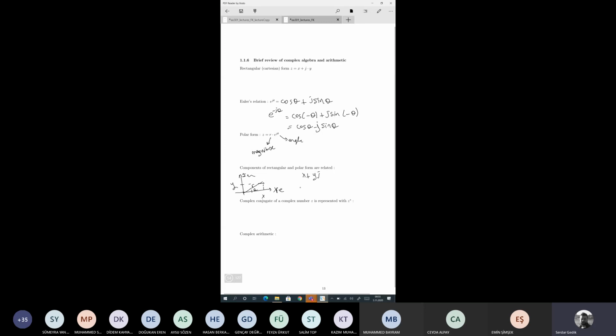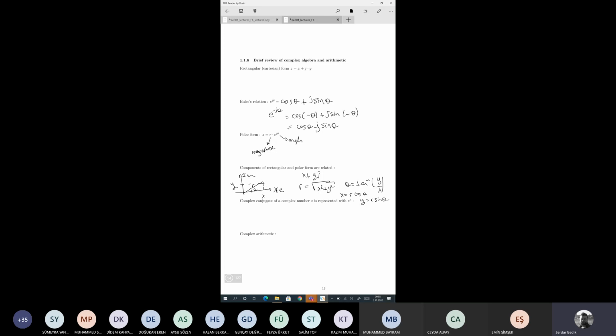What is r? r is simply the square root of x squared plus y squared, and theta is simply tangent inverse of y over x. From this, of course, we can obtain x equals r cosine theta and y equals r sine theta. So these are the relationships between rectangular and polar forms.